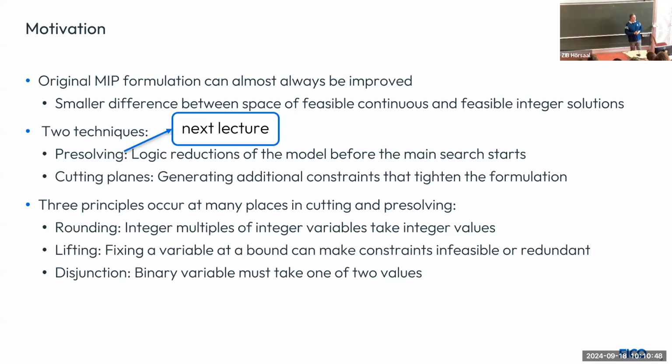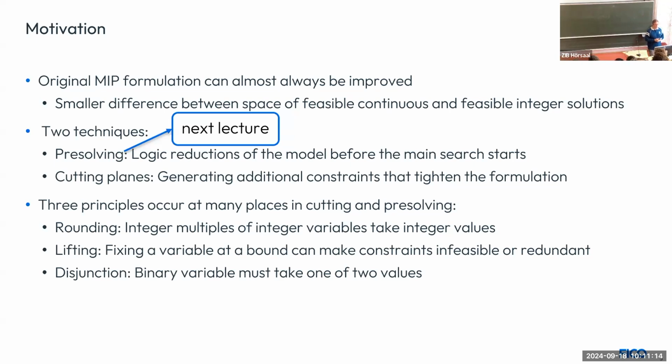Lifting: lifting is the idea of fixing a certain variable in a constraint and then trying to derive something from this. Make this constraint infeasible, make it redundant, and therefore try to add this variable to this constraint or similar.